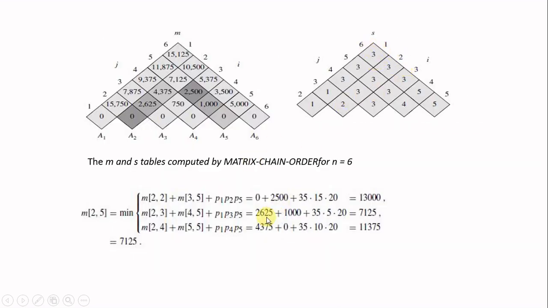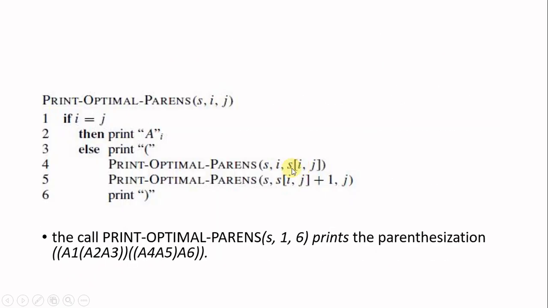So it goes to s, 1, 3. Again i is not equal to j, so it will print a left parenthesis. Then s[1, 3] is 1.